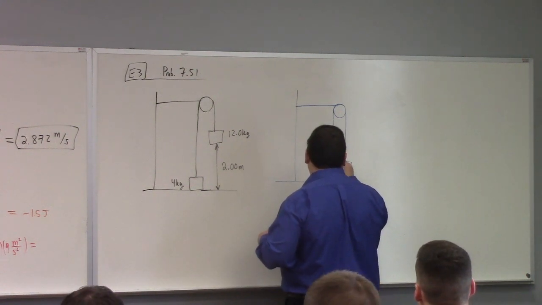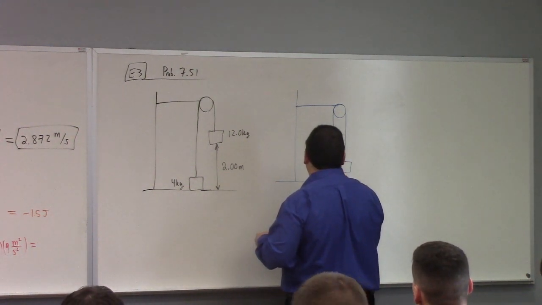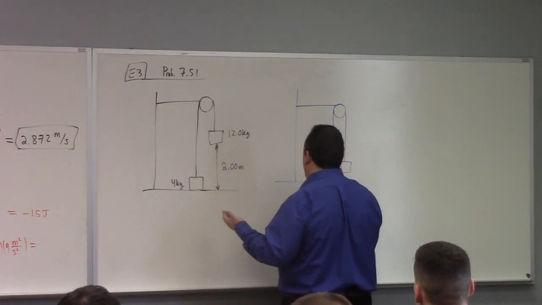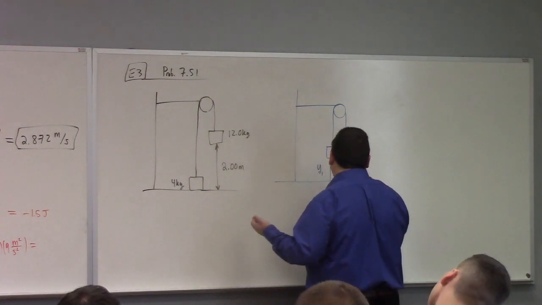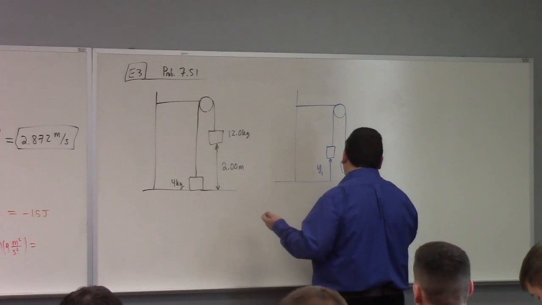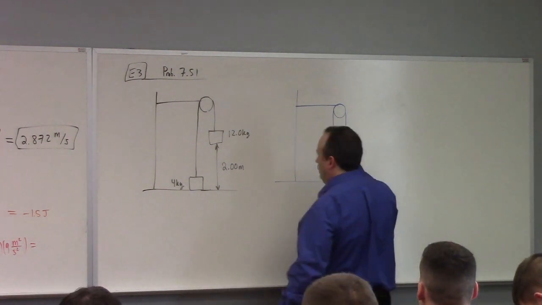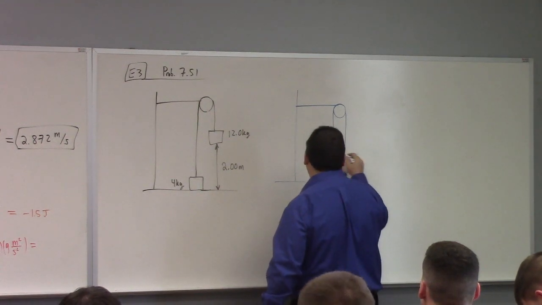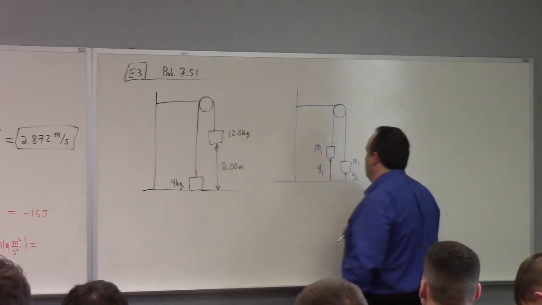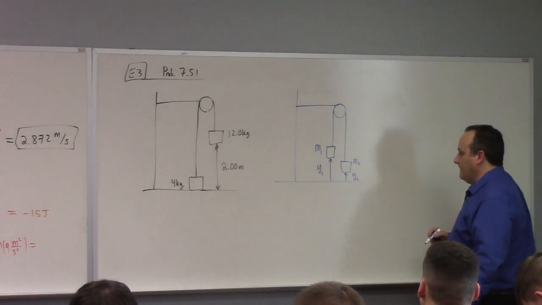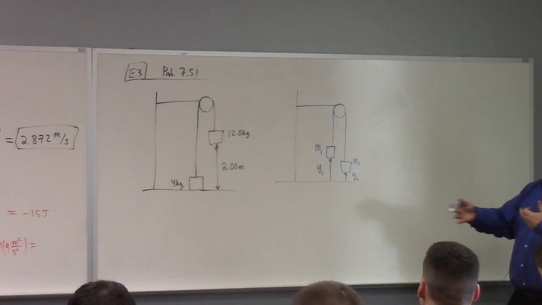This distance here we could call y1, and this distance here we could call y2, right? And this is m1, this is m2, for the sake of ignoring my numbers. So that would be somewhere in between.